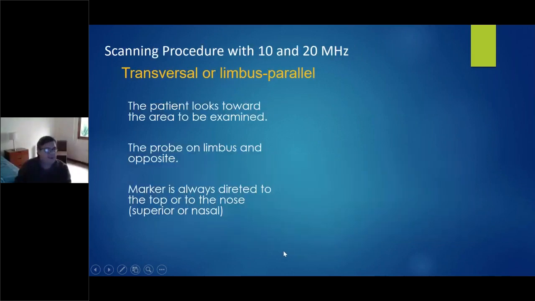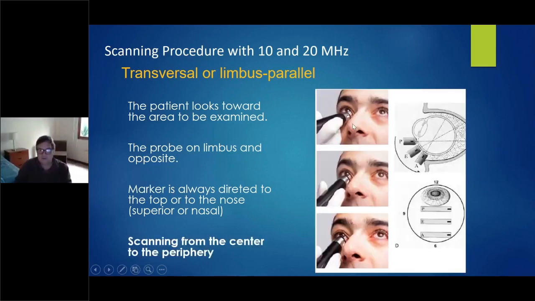Transversal, again, the patient looks toward the area to be examined, the probe is on the limbus and opposite, and the marker is always directed to the top or to the nose, superior or nasal, like this. And if you move where you are very near and very perpendicular to the eye, you are facing the posterior pole. If you go a little bit down and change the inclination of the probe, you are in the equator.